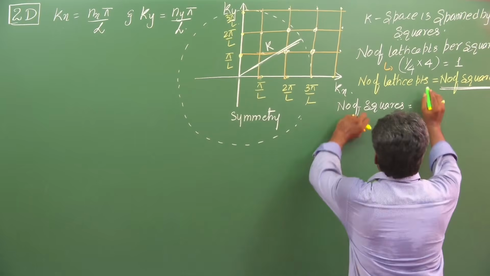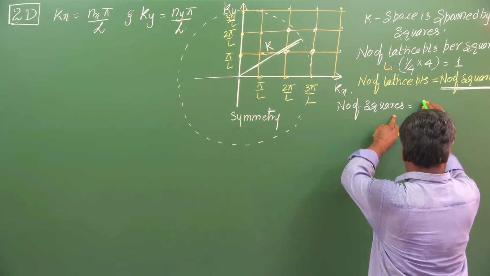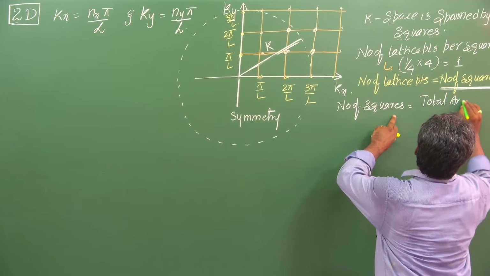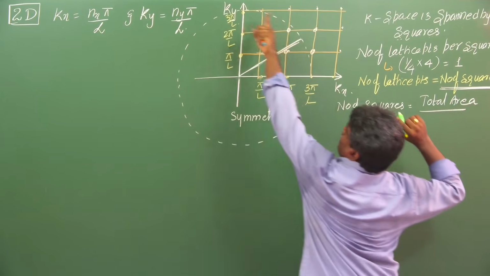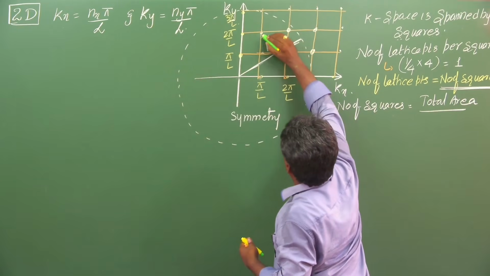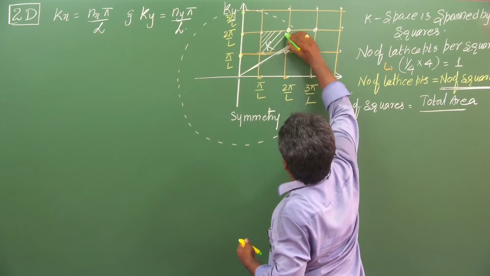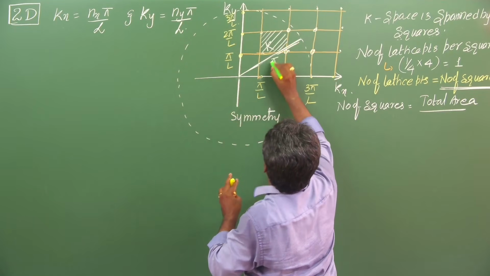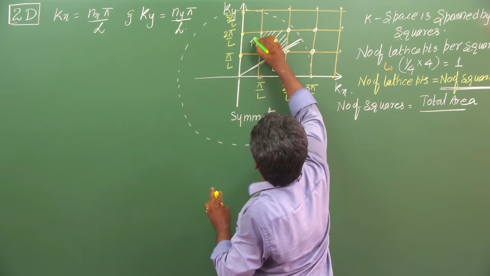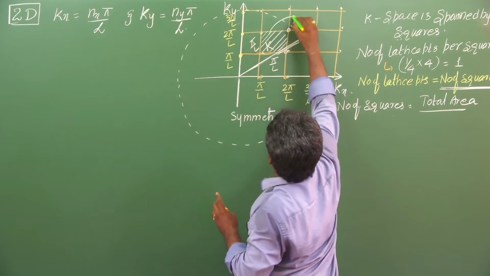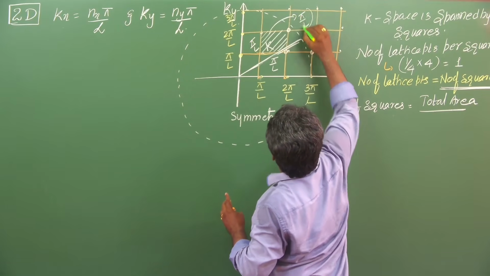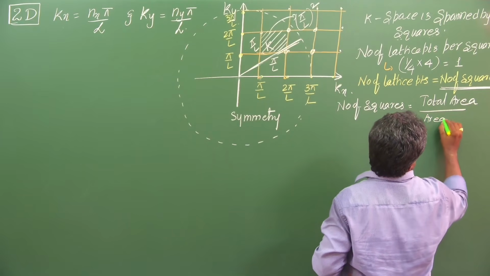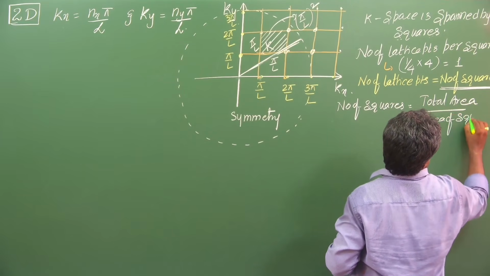Number of squares equal to total area by area of square. Could you please tell me what is this length? This length area equal to, so total area by area of squares.